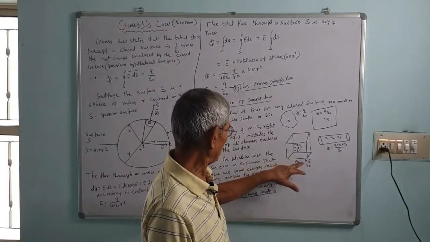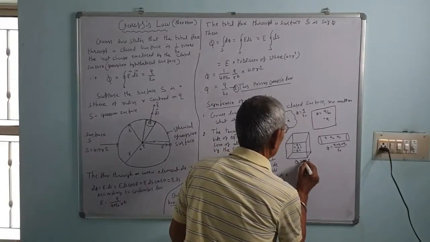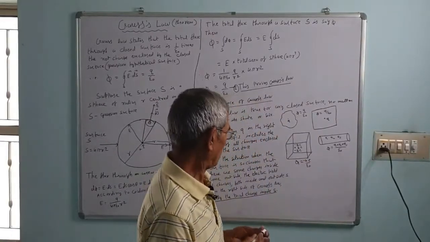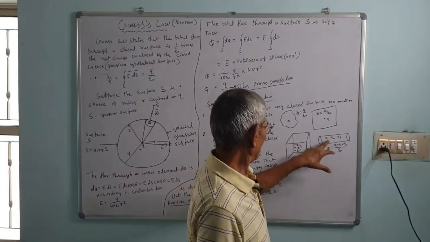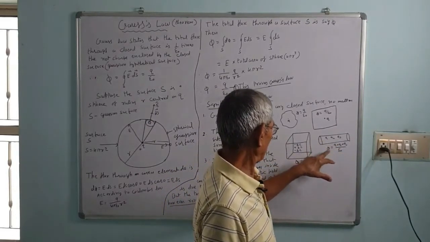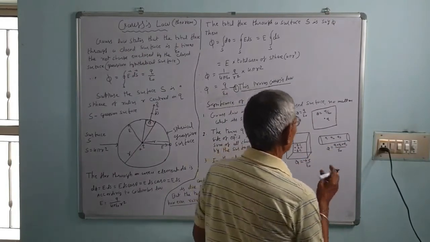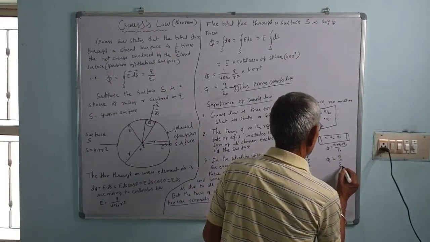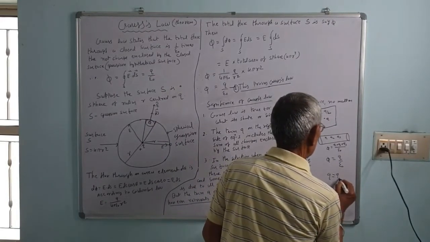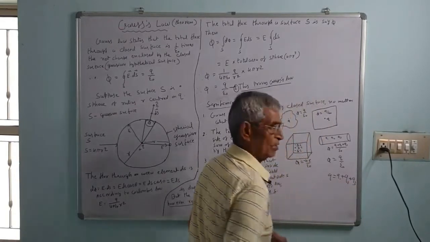The net charge of this total is minus 5 coulomb, so phi is minus 5 upon epsilon 0. If total charges are q1, q2, q3 in this shape, then phi is equal to the net charge, say q, upon epsilon naught, where q is equal to Q1 plus Q2 plus Q3.